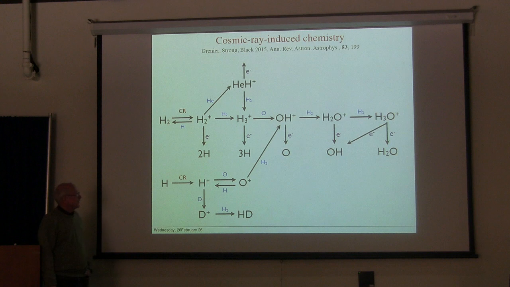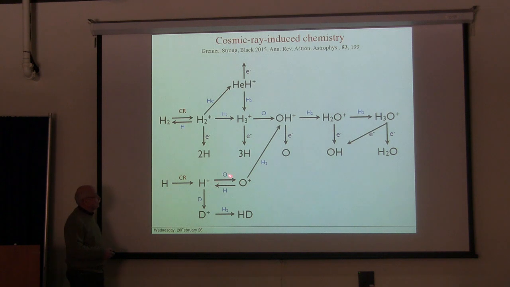Chemically, in the interstellar medium, this is one of the cycles that is instituted by cosmic ray interactions. Hydrogen atoms can be ionized by cosmic rays to form H+, which can undergo charge transfer with atomic oxygen to form O+.